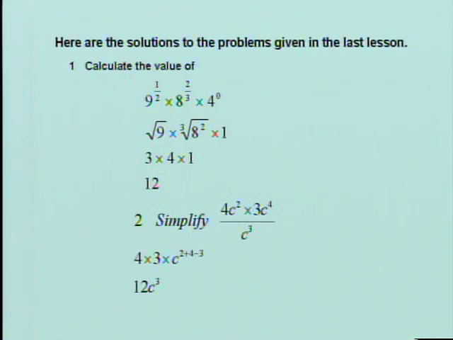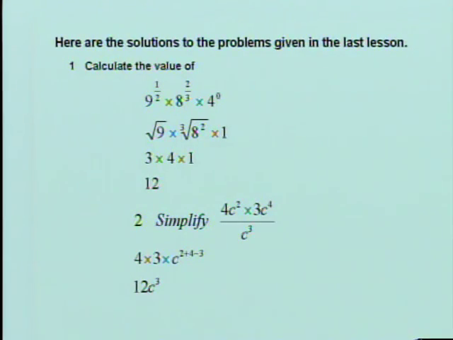The second problem, simplify 4c squared times 3c to the 4th power, all divided by c cubed. We can multiply the numerical values, 4 times 3, times c, and we use the laws of indices, so we'll have 2 plus 4 minus 3.